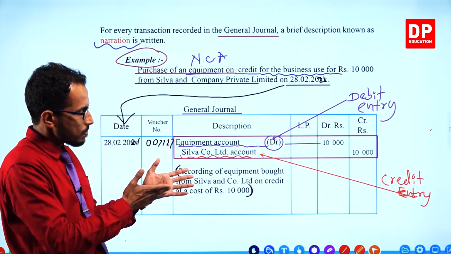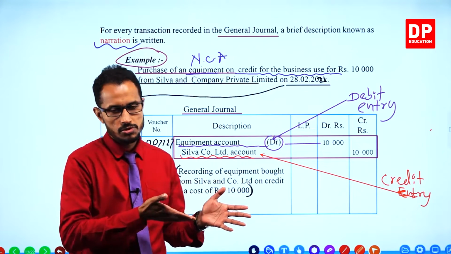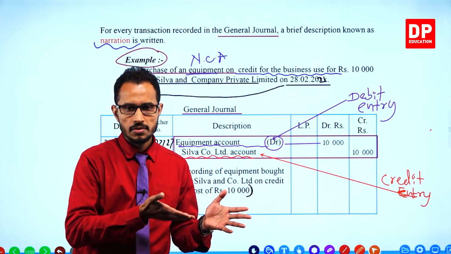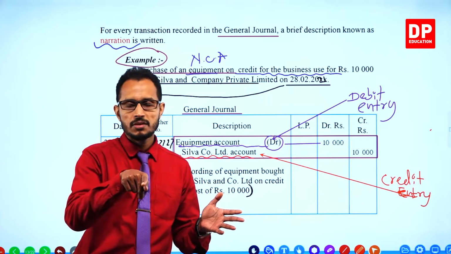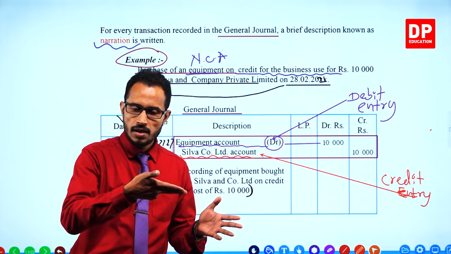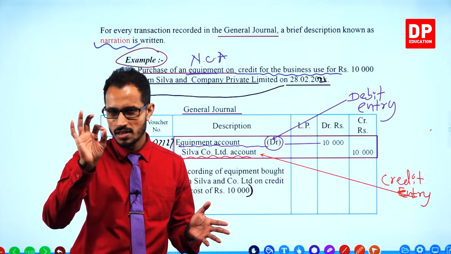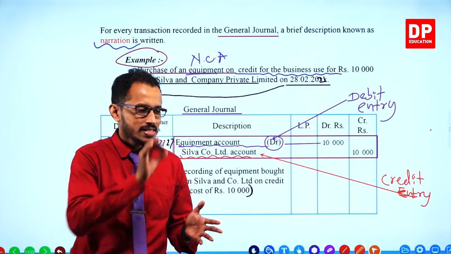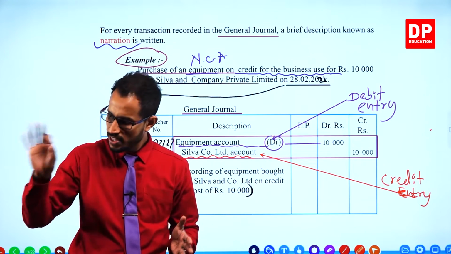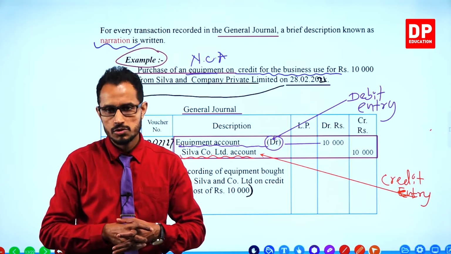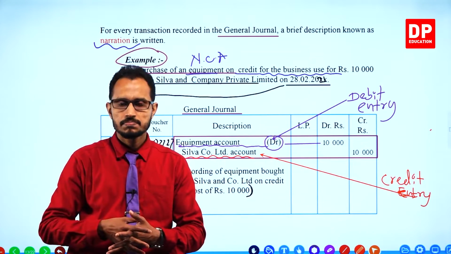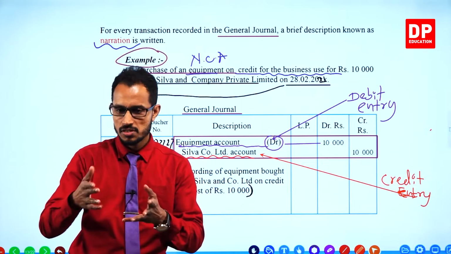Given a set of prime entry books in a question, there have been questions like, state the purpose of these prime books for this business, for the business of Saman Mali.